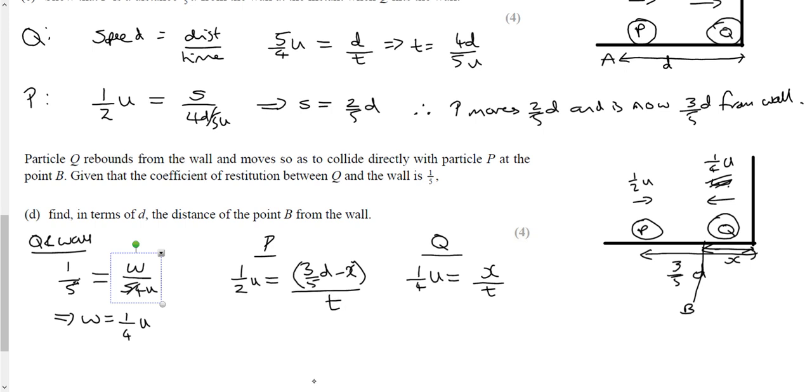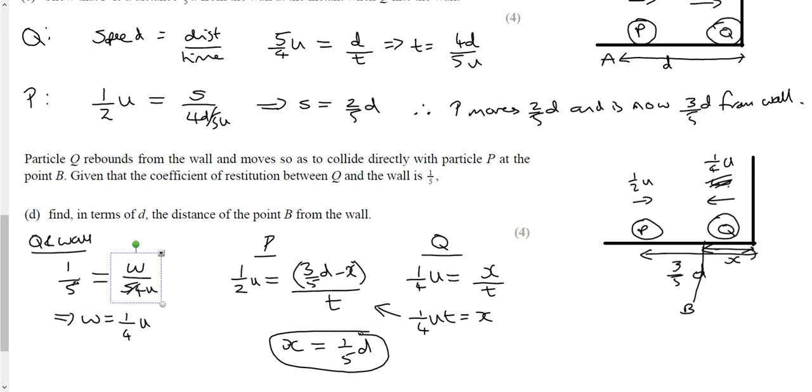Okay, so I've got two simultaneous equations and two unknowns. Different ways you can solve this. I use this to find that a quarter ut is x. Sub that into there. Then I could get what t was and what x was. But you can eventually solve them and get that x is a fifth d.